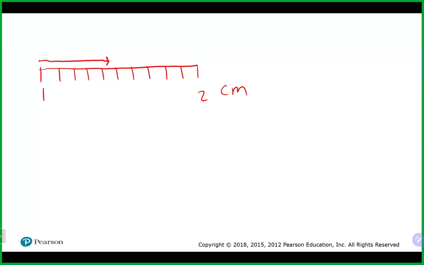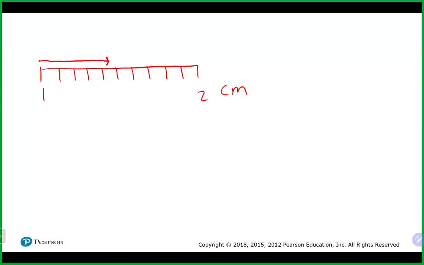So let's say we have a ruler like this, and we'll go with centimeters. And let's just say we have an arrow that we want to measure. Whenever you take a measurement, no matter what type of measurement, there is always going to be some degree of uncertainty associated with it, some degree of guessing, basically, which sounds kind of funny.